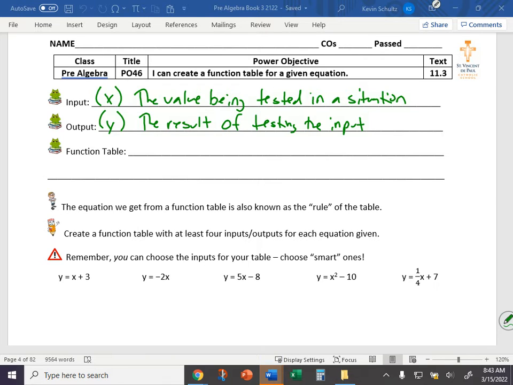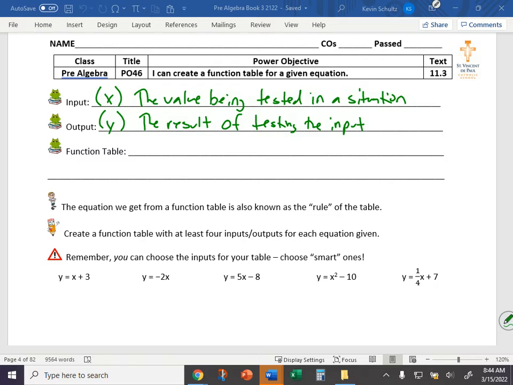And the output would be the, what's the other one called? The result variable. You can tell I failed science. The control variable, which you're kind of testing, and then the output would be the result.